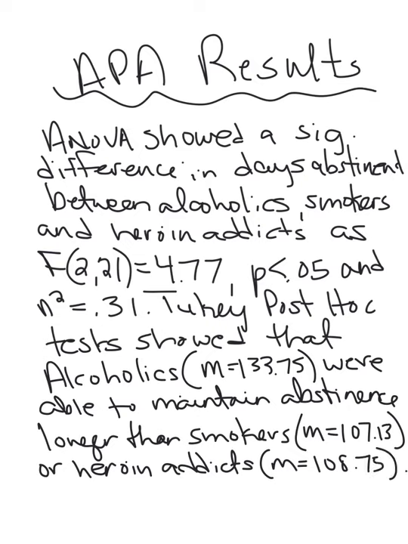Notice these two means, the smokers and heroin addicts, are very similar. They weren't significantly different from each other. It was only their means compared to alcoholics that were significantly different.